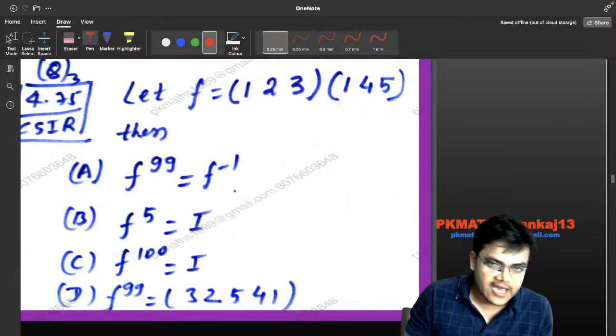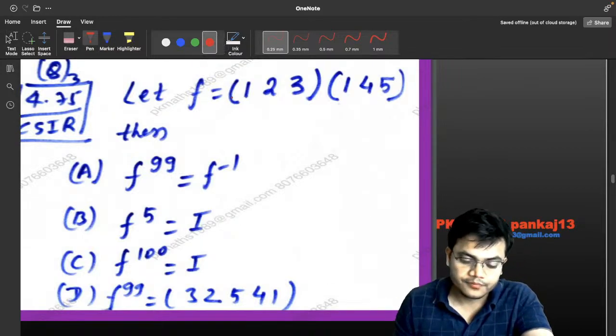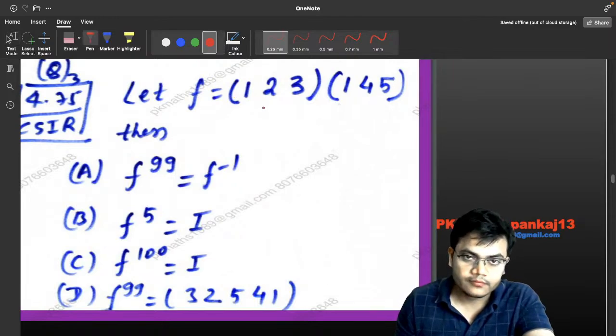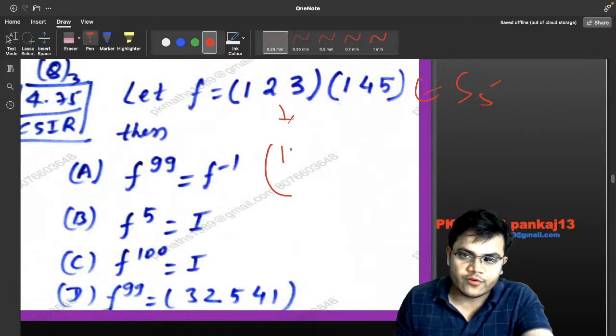What would you like to say? Certainly this has been taken from S5, so everybody will try to write it in a two-row representation for simplicity.